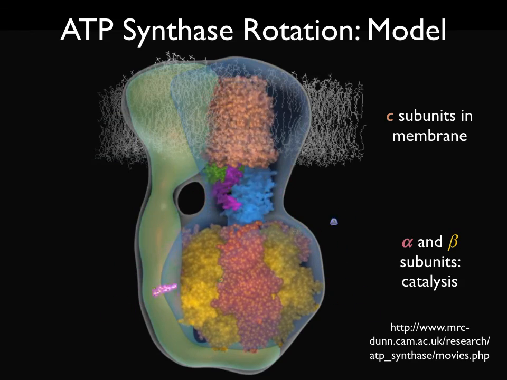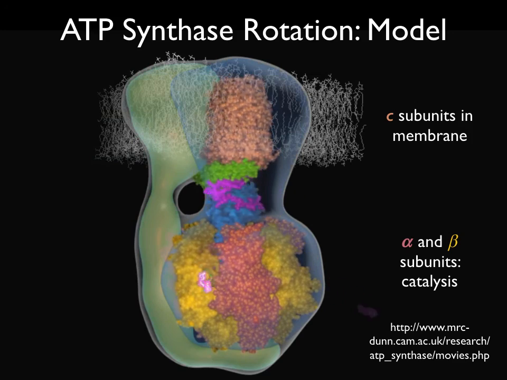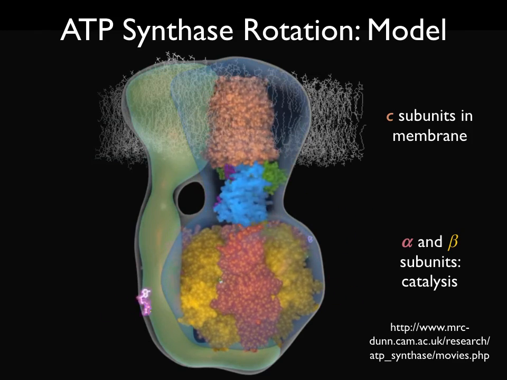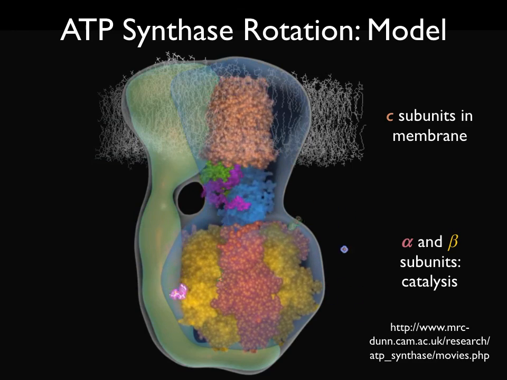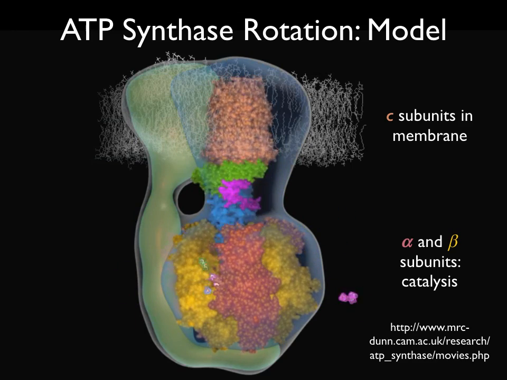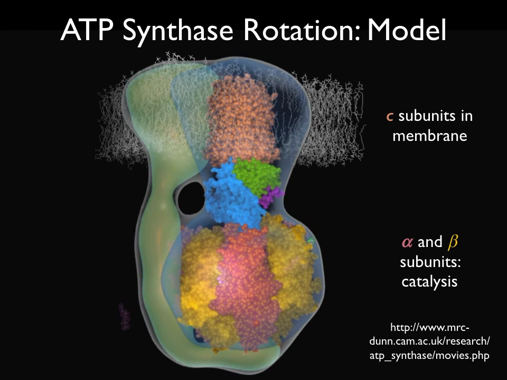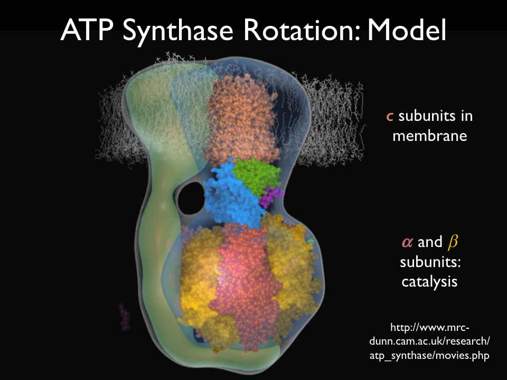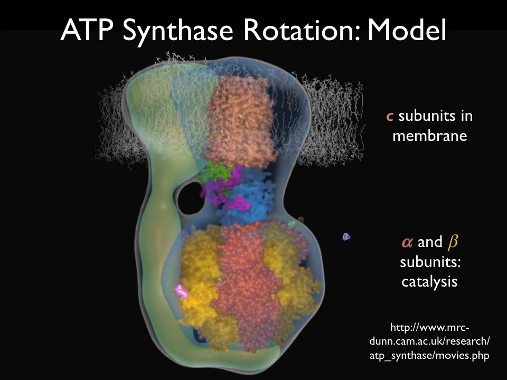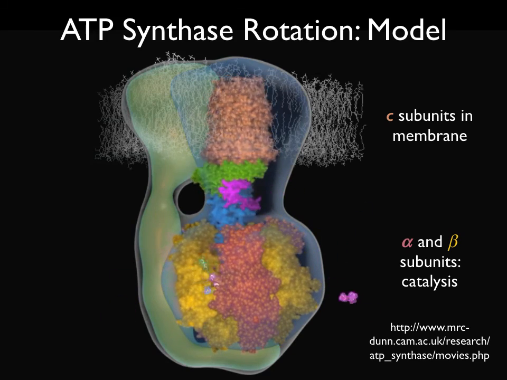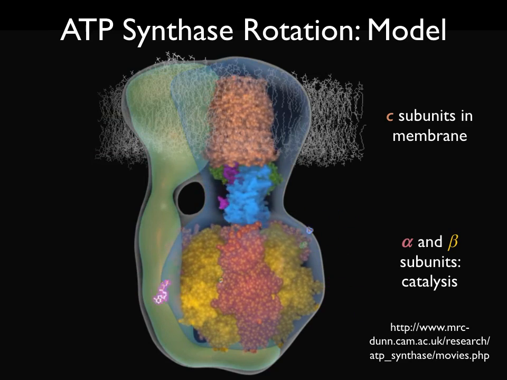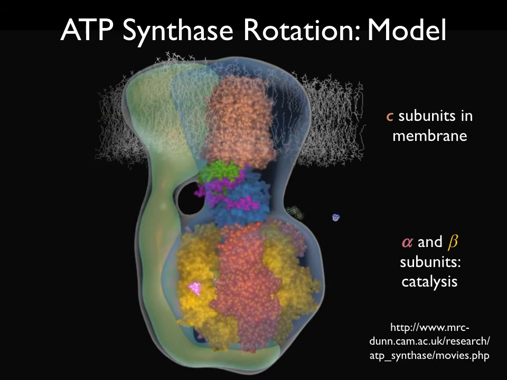The beta subunits, the yellowish orange ones, are the ones that catalyze the production of ATP. So the rotation of the central portion of the ATP synthase is what catalyzes, through this binding change model that we've been discussing, conformational changes in the beta subunits, which then can catalyze synthesis of ATP.